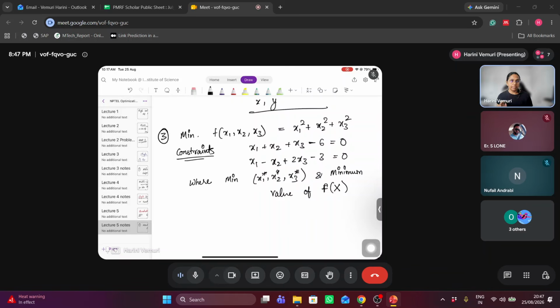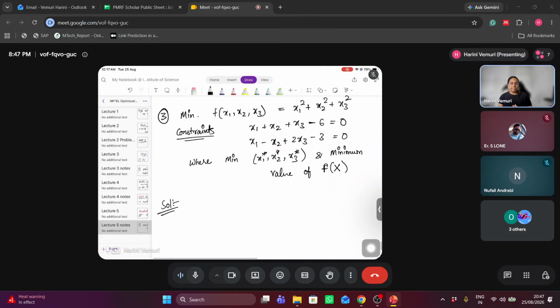See here, I'm writing capital X to represent x1, x2, x3 all together in this case. I know this will take a little bit of time, but I'll give 1 minute and then I'll start the solution.